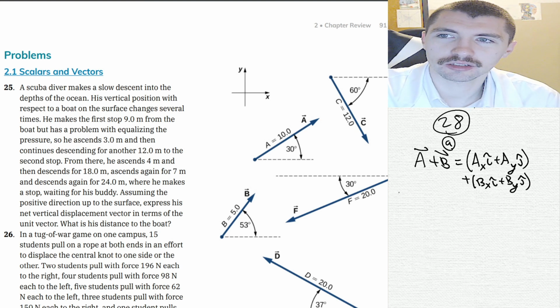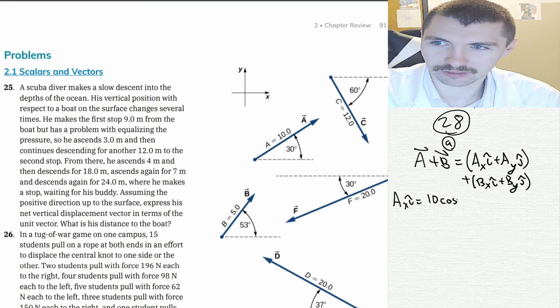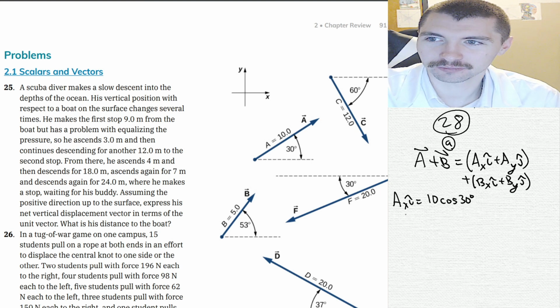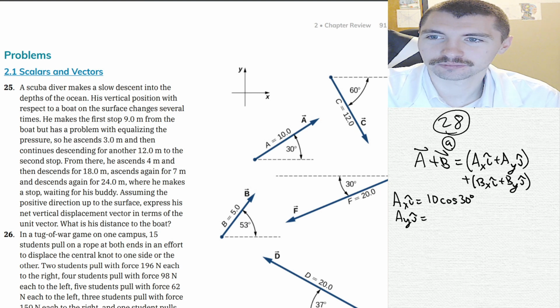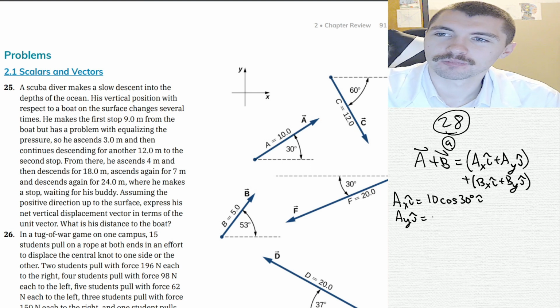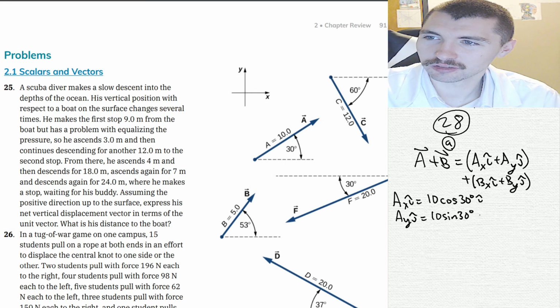So ax i equals the magnitude, which is 10 cosine 30 degrees. ay j equals 10 sine 30 degrees.